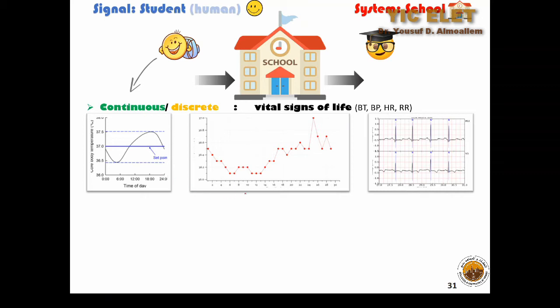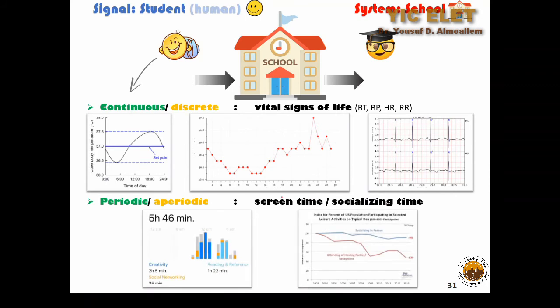And if you plot it across days, for 1 month, from day one all the way to complete 30 or 31 days, then you plot the body temperature, and it will be more of a discrete signal.